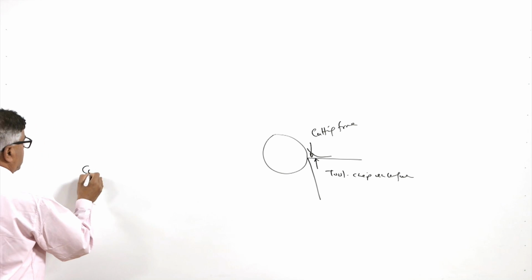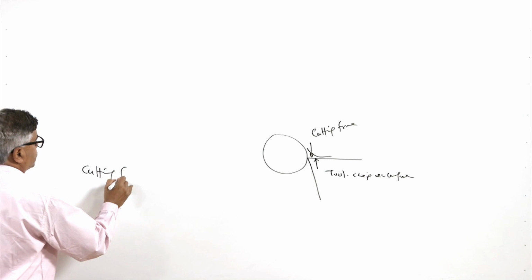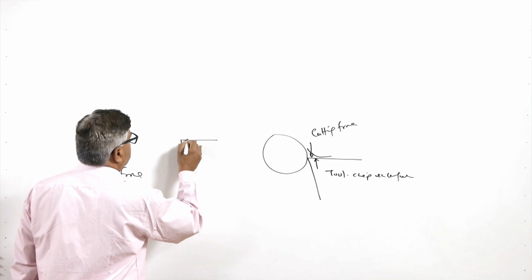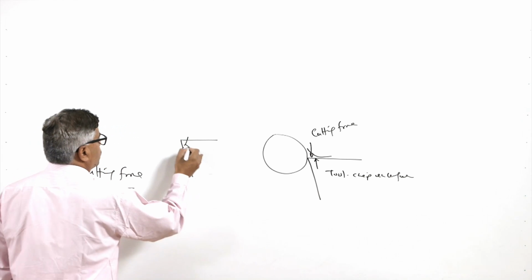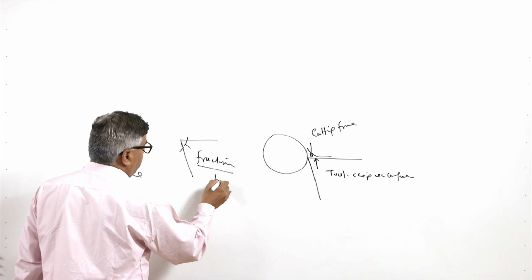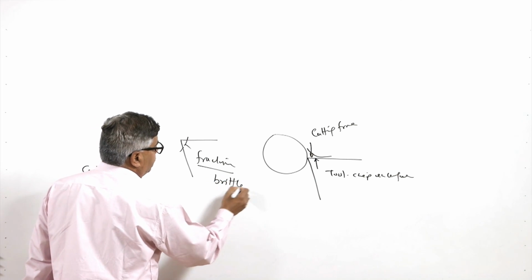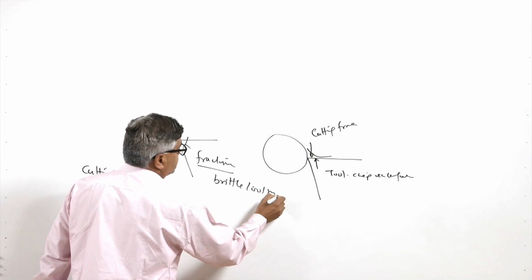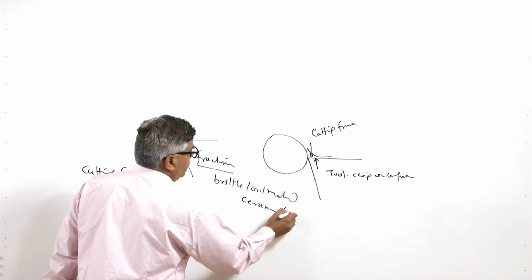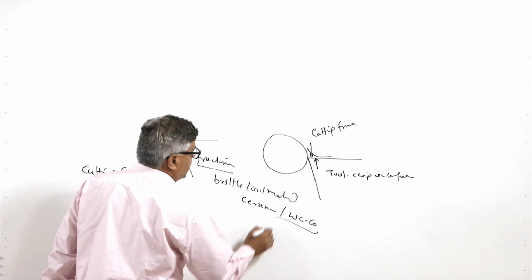Consider that when the cutting forces are too high, it leads to fracture of the cutting edge. Fracture is something which mostly happens in the case of very hard and brittle tool materials, for example ceramics and tungsten carbide cobalt based tools.